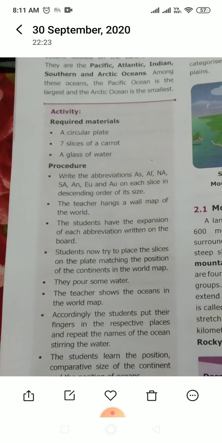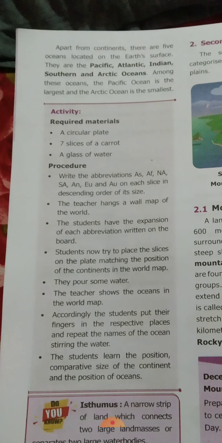Apart from continents, there are 5 oceans located on the Earth's surface. They are the Pacific, Atlantic, Indian, Southern and Arctic Oceans. Among these oceans, the Pacific Ocean is the largest and the Arctic Ocean is the smallest.